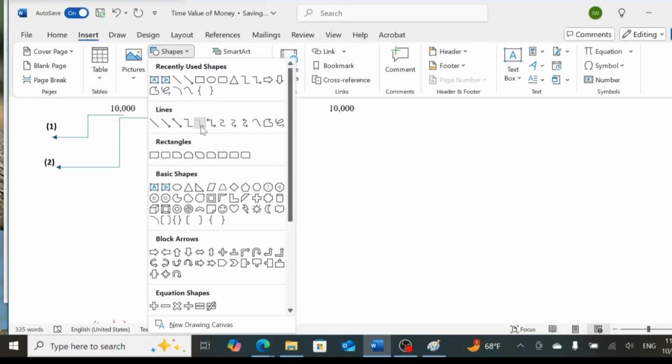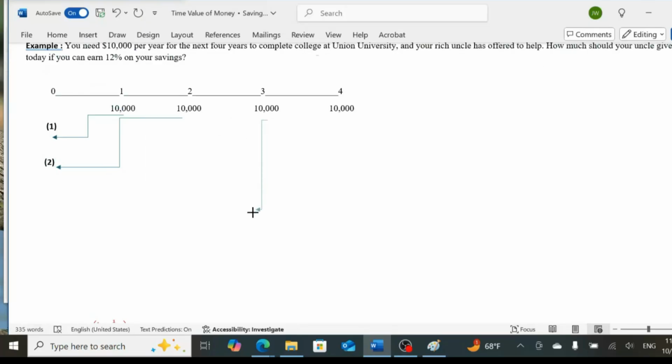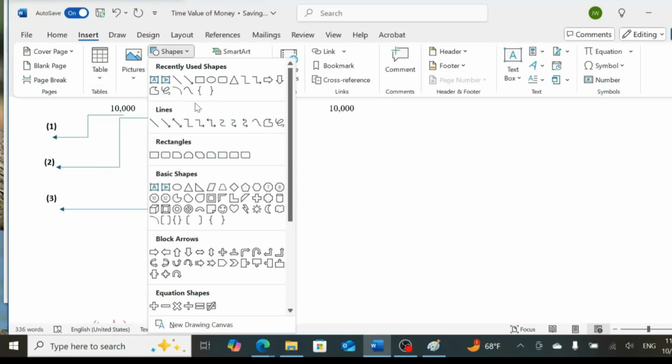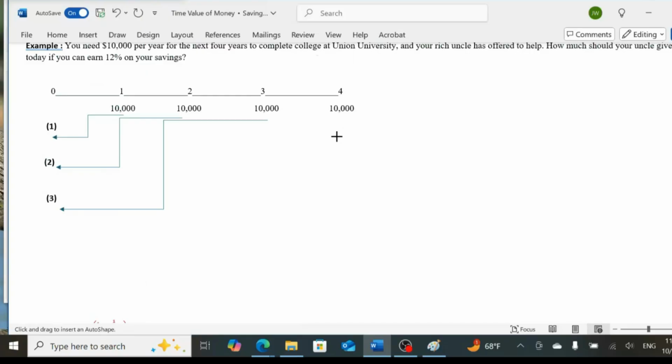And the third check, you put in a 3 year CD, make sure it will grow to $10,000 in year 3. Fourth check, make sure you put in a 4 year CD.